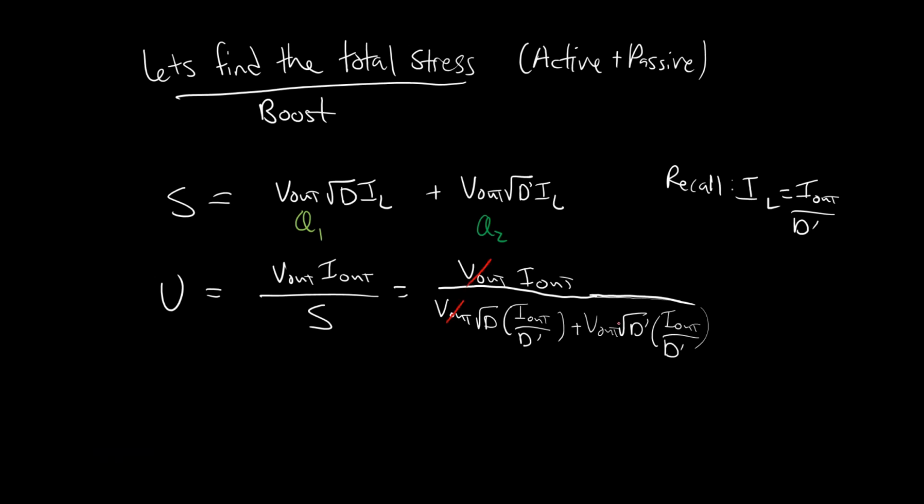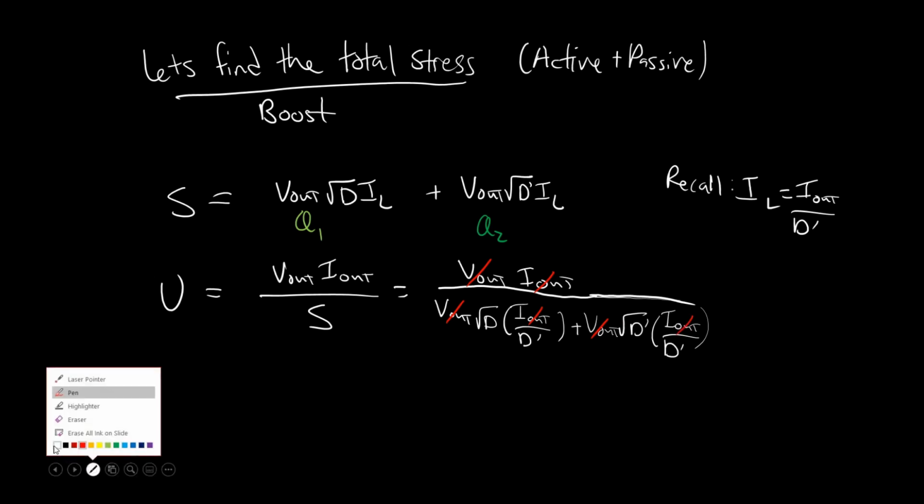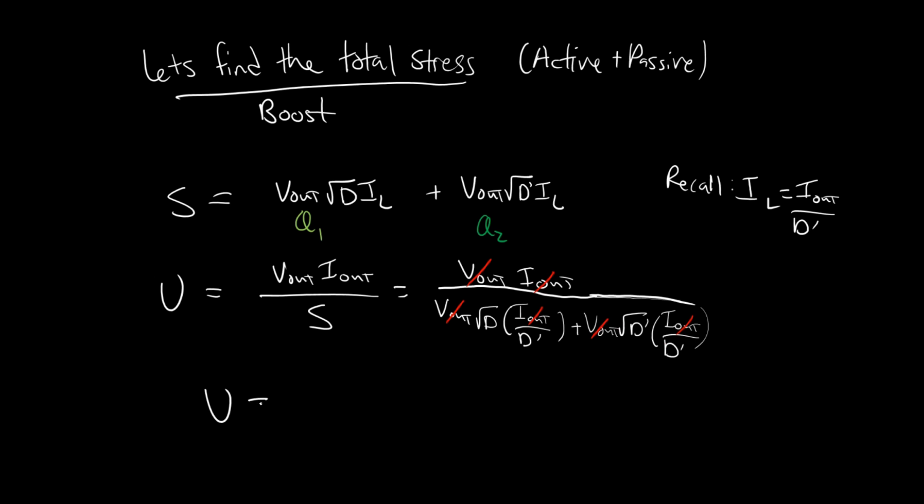We can cancel the V outs, we can cancel the I outs, and this is kind of the power of looking at utilization. All we're left with is D primes in both terms, so we have D prime, and then we have root D plus root D prime. So this is only a function of D.